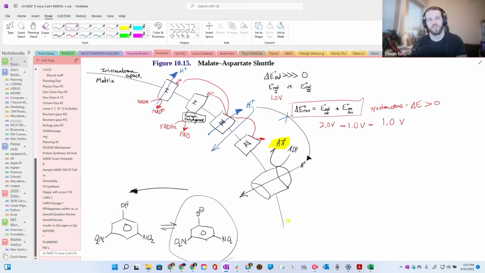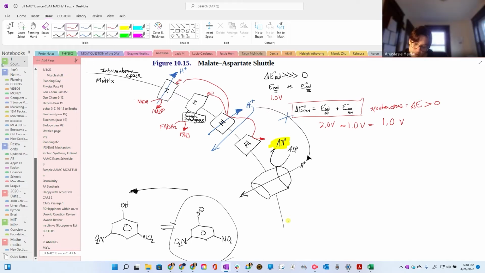Yeah. Well, 2 and 1 both pass their electrons to 3, right? So 2 and 1 are going to have similar reduction potentials just because they both have to be less than that of 3 because they're both passing their electrons over to 3.